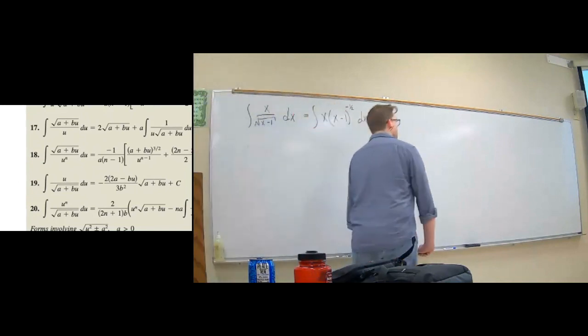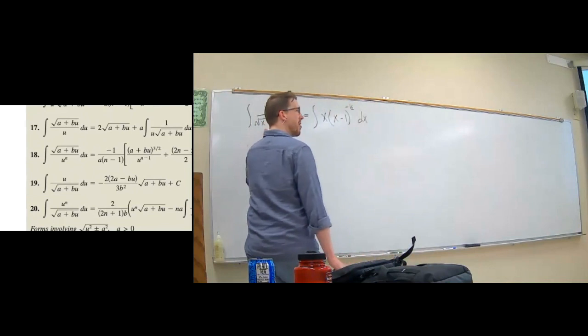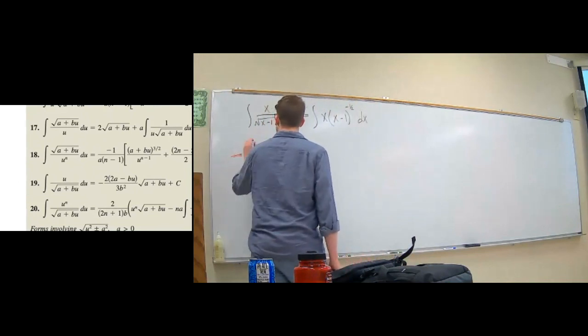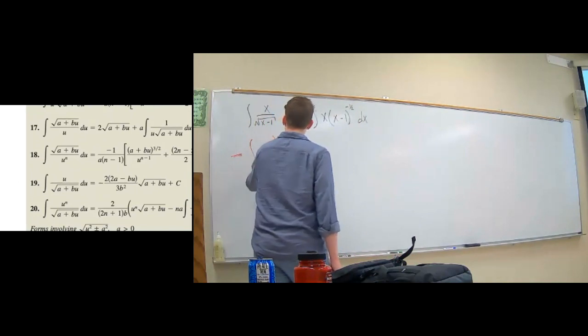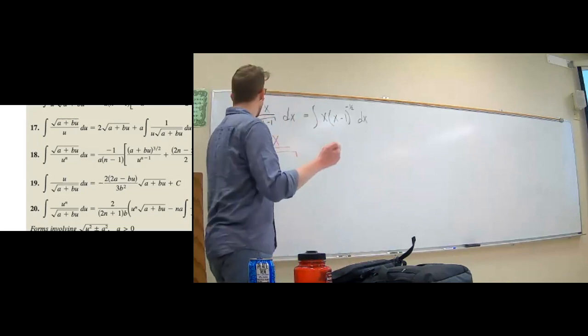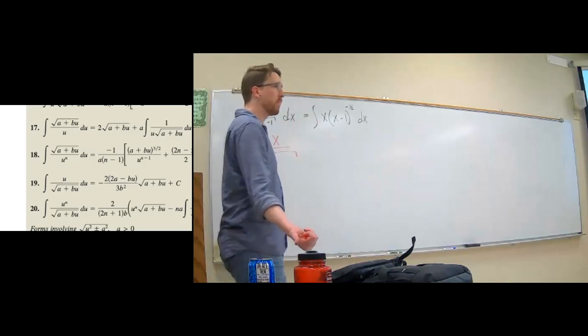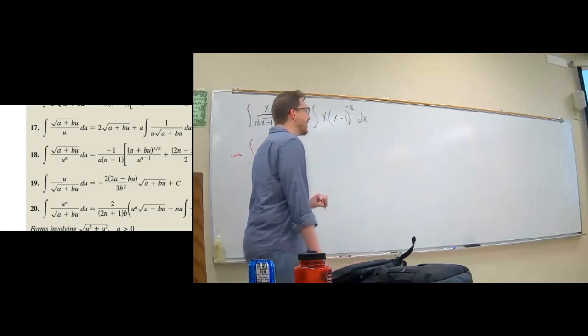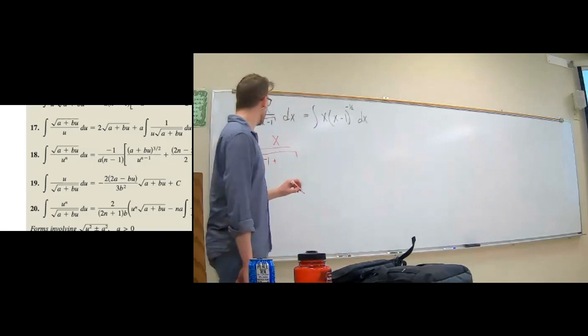We'll start by saying they all use the radical, so we're going to keep the radical. We can rewrite this as the integral of x over the square root of, we need a constant a, so let's go ahead and say -1, plus, we need a constant b, let's just go ahead and call it 1.